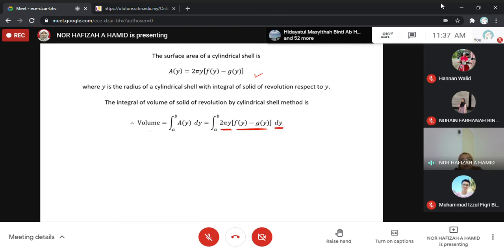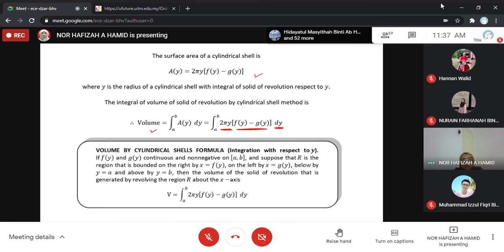So you akan dapat volume, and limit from A until B. Ni punya formula dia, or you can use V is equal to integral A to B 2 pi r h dy. Formula ni, Y ni memang fix lah. Y ni is when the axis of revolution is at the X axis. So yang akan bertukar yang function ni, F(y) minus G(y).